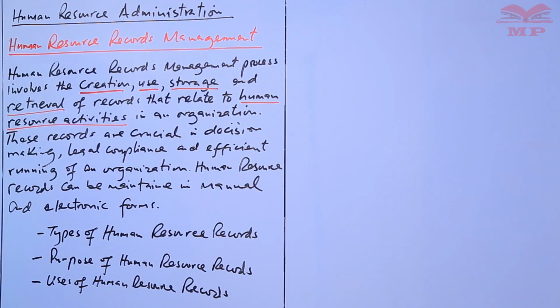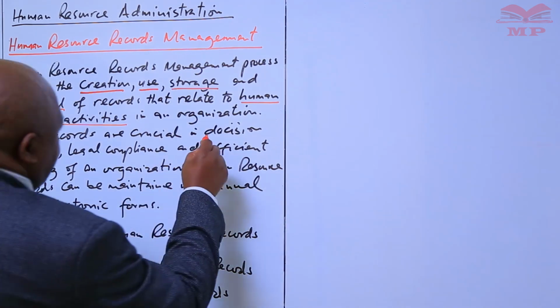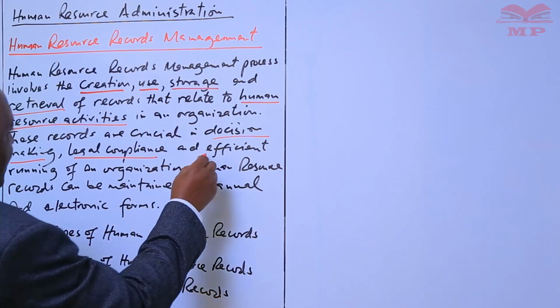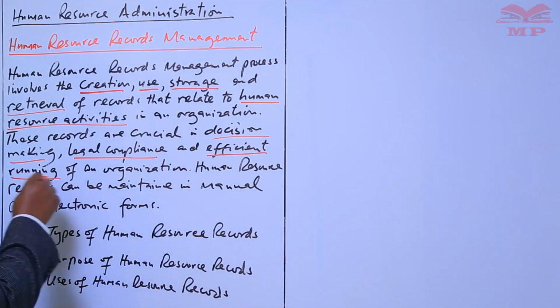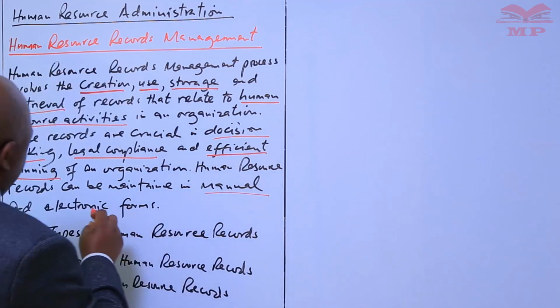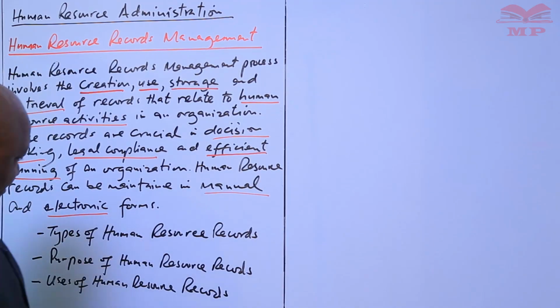So there are various human resource activities, as we shall be seeing the uses of these records. Now, these records are crucial in decision making, legal compliance, and efficient running of an organization. Human resource records can be maintained in 2 formats. You have the manual and electronic forms.